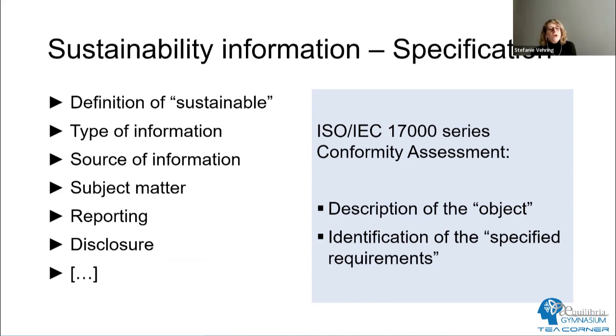We have to agree on what is considered sustainable, what contributes, what is significant, what kind of information I have, where it stems from, what the technical area and subject matter are, and whether it is compiled for internal reasons, shaped into a report, or even disclosed to attract investors or for other public purposes.